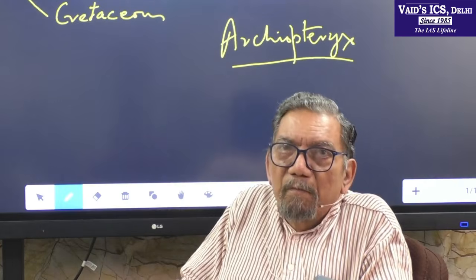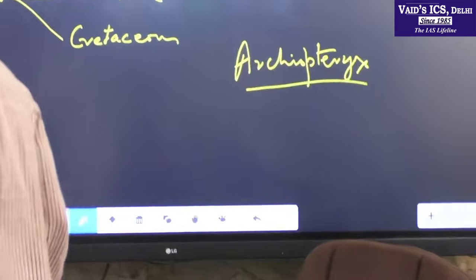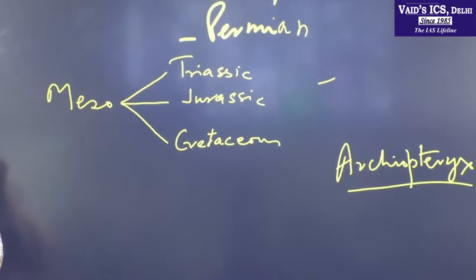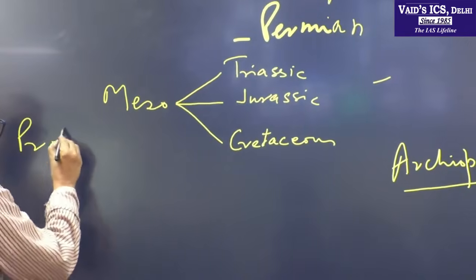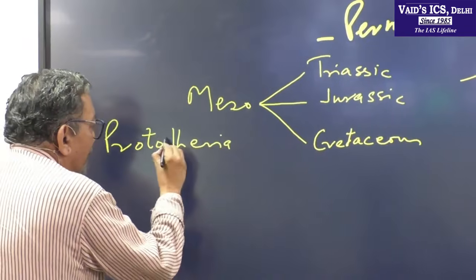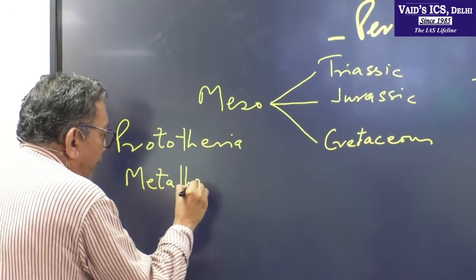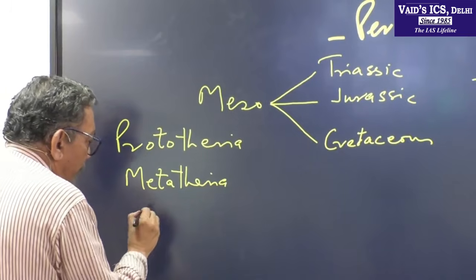Sir, those who give birth to young ones. There are three types of mammals. You call them prototheria, metatheria, and eutheria.